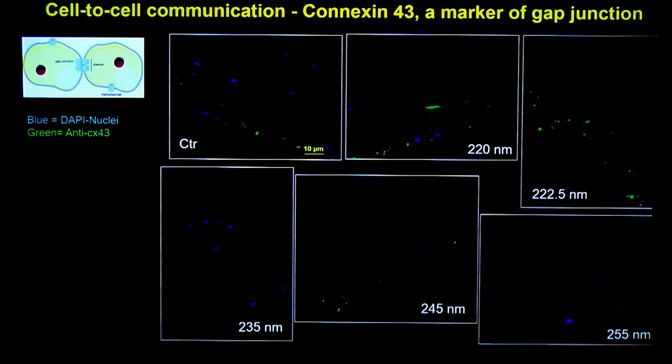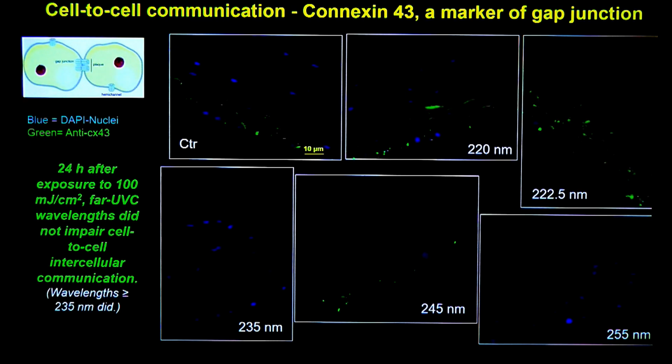And then one final marker is the cell-to-cell communication, gap junction communication. What you see in blue is nuclei, and these tissues are all tilted. So the bottom of the tissue is up here and the top is here. Again, tilted, top and bottom. In blue, you see the nuclei, so it's where the cell is.